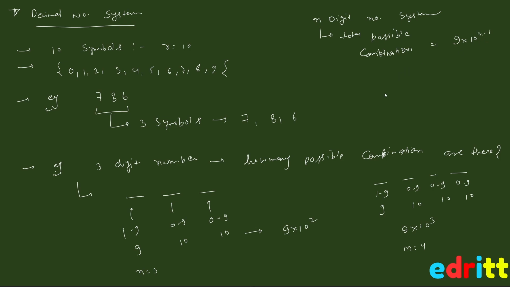Yes, right, I can say that. So this is how we decide the number of possible combinations for an n-digit number system, and I'm talking about the decimal number system. So for an n-digit decimal number system, the total possible combinations are 9 into 10 to the power n minus 1.